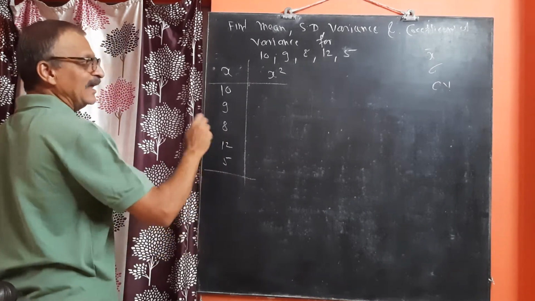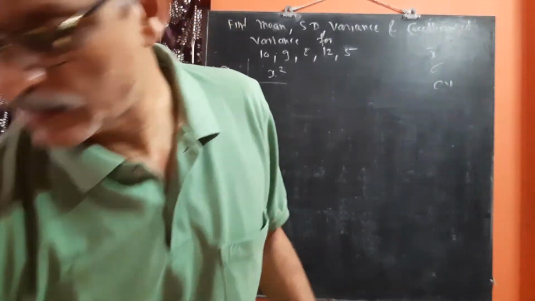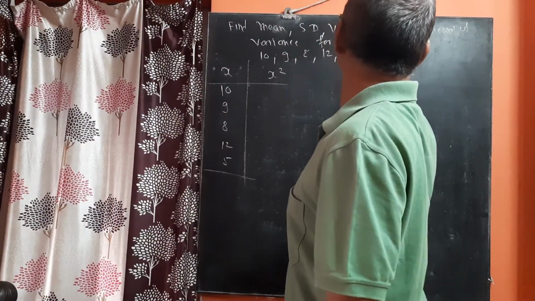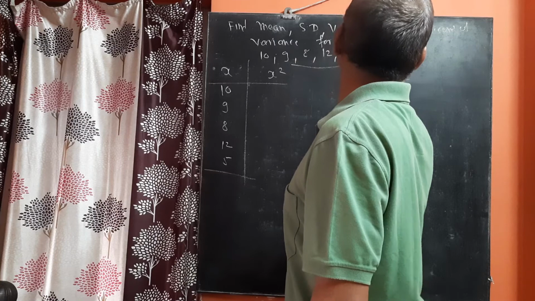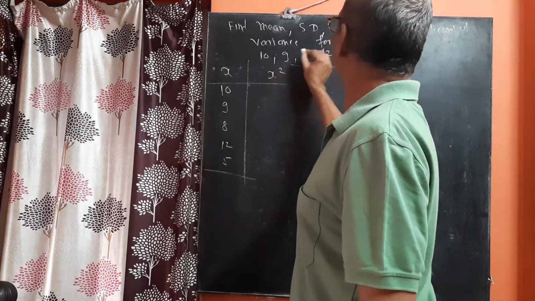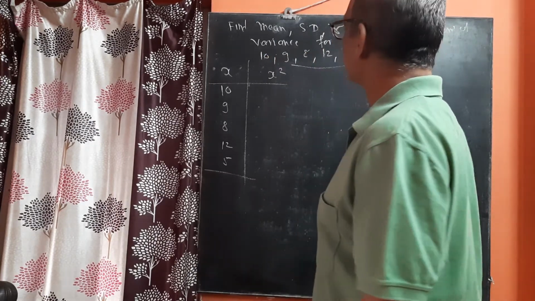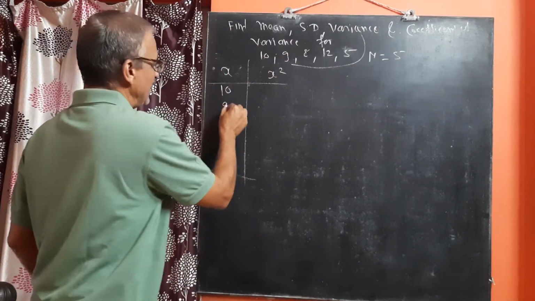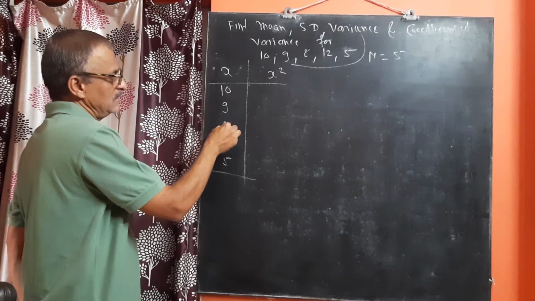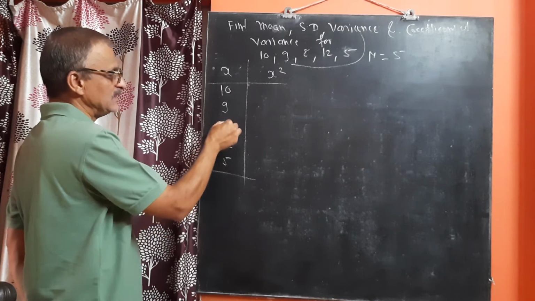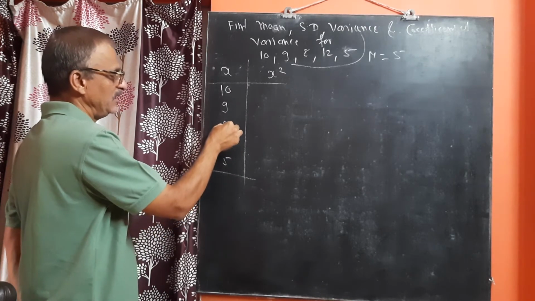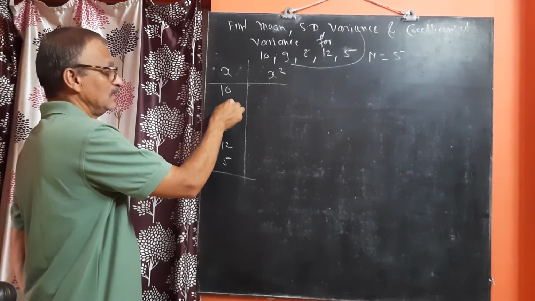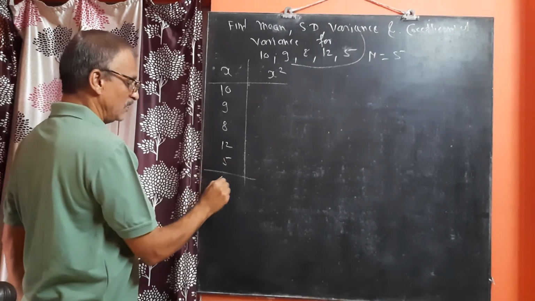So the value of n, n means number of observations. What is n here? n is equal to 1, 2, 3, 4, 5. 5 observations are there. The sum of x, 12 plus 8 is 20, 20 plus 10 is 30, plus 9 is 39, 39 plus 5 is 44.